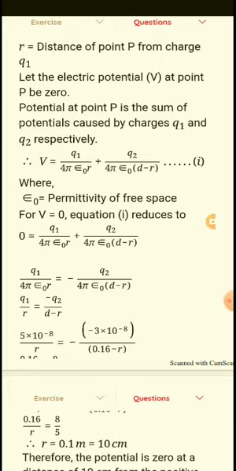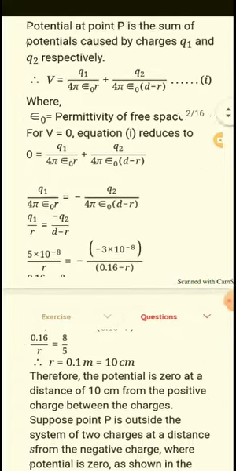If you substitute the values, Q1 is 5 × 10^-8 divided by R, equal to minus of minus 3 × 10^-8 divided by 0.16 minus R. If you simplify, you will get the value of R as 0.1 meter, which can be converted into centimeters: 10 centimeters.